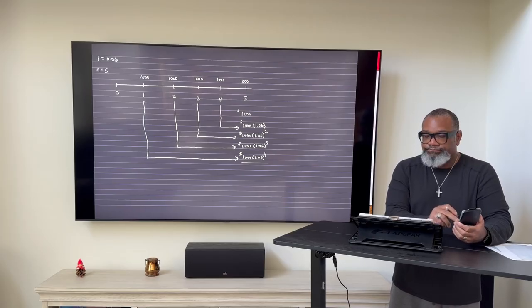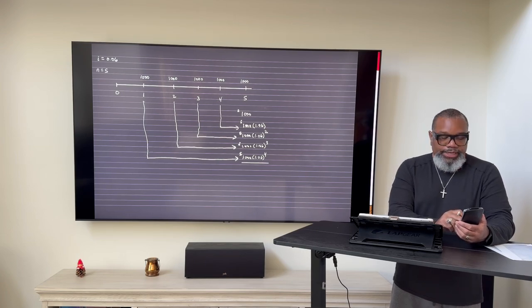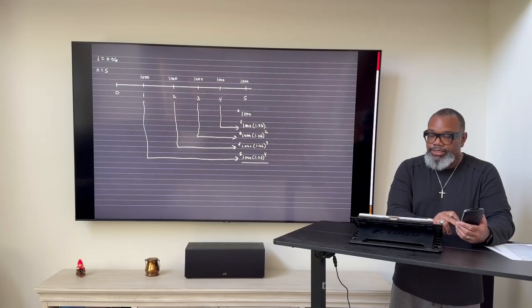So let's do it the hard way, right? So the first one is $1,000. So let's put $1,000 and store that in the first register, and then let's take 1.06 and multiply that times 1,000, and then we're going to store that in the second register, and then multiply that amount by 1.06 again, and we're going to store that one in the third register, and then multiply that by 1.06 again.